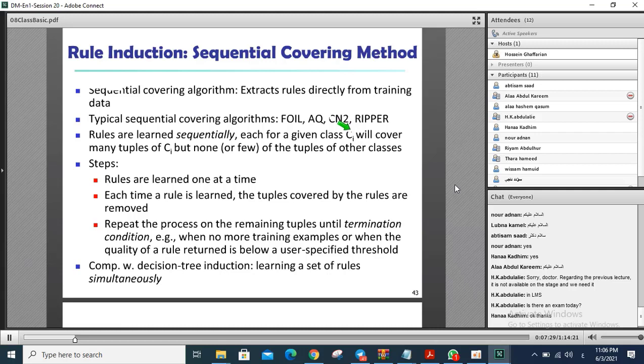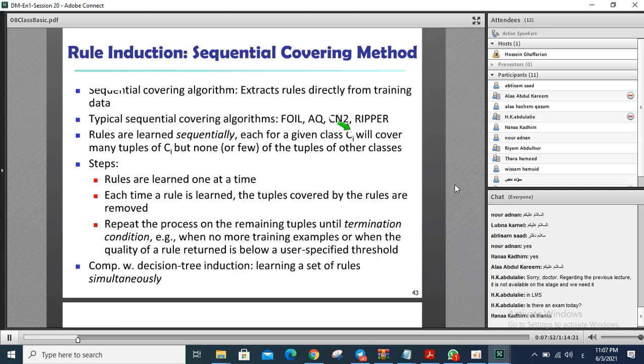After completing the learning of rules about a predefined class, we can remove all the tuples that belong to that class. For example, I'm looking for the rules for class C3.